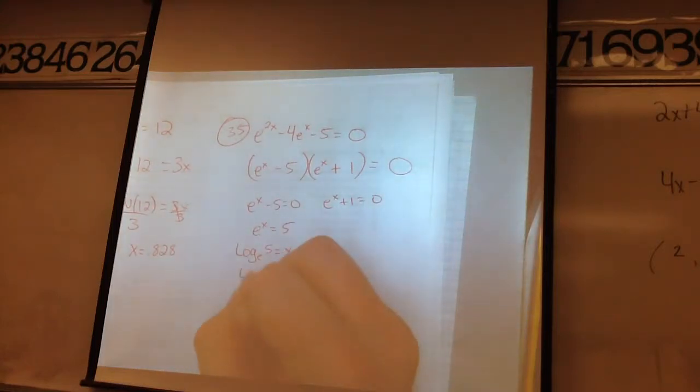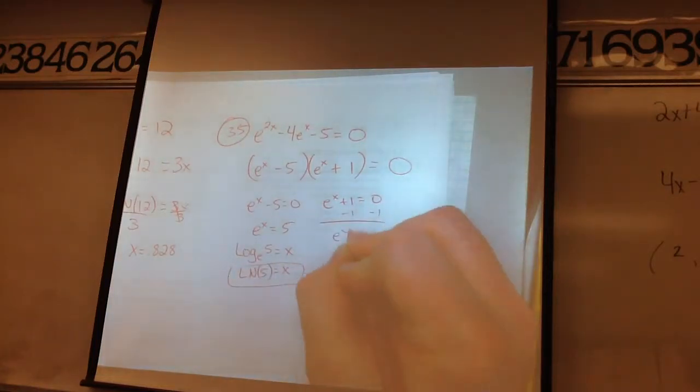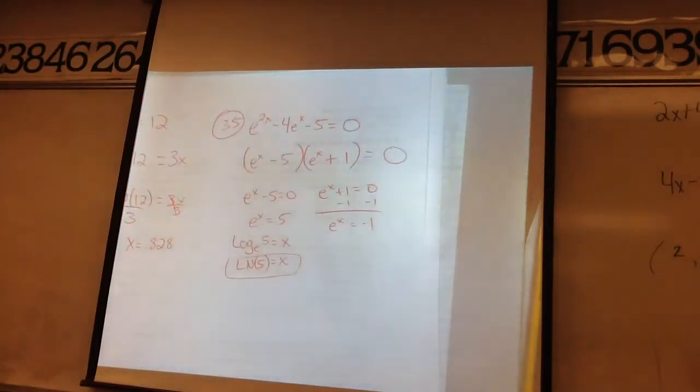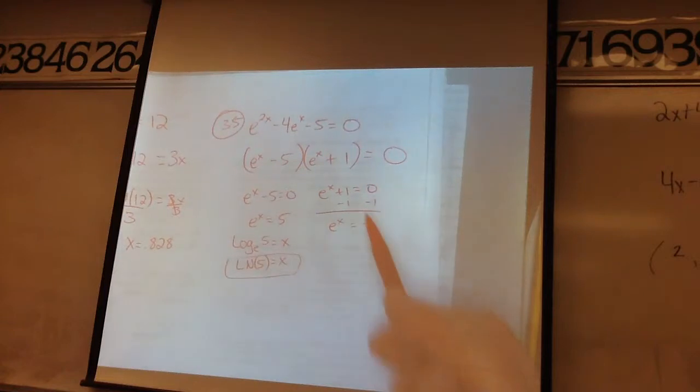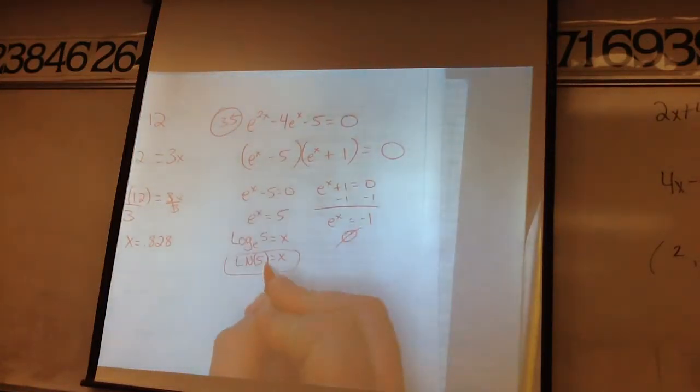So ln of 5 is one answer. Subtract 1: e to the x equals negative 1. Notice anything? Negative, can't do it. You're not going to take a positive number, raise it to a power, and get a negative result. It's impossible, so this one gives you nothing. The only answer is the ln of 5.